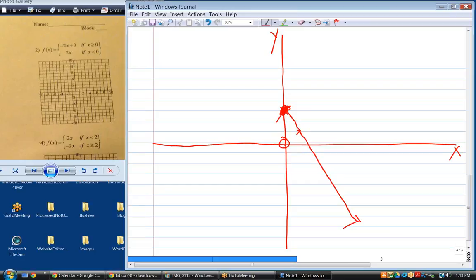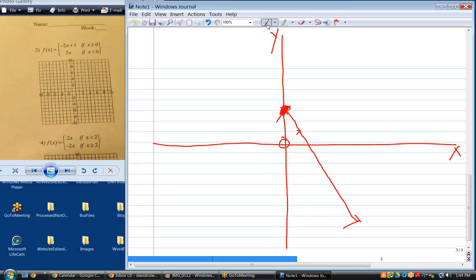Or actually, if I went up 2 over 1 to the left, that would be a negative slope. I don't want that either. How do I get my positive slope and stay in the range that I want to be in, which is to the left of the y-axis?